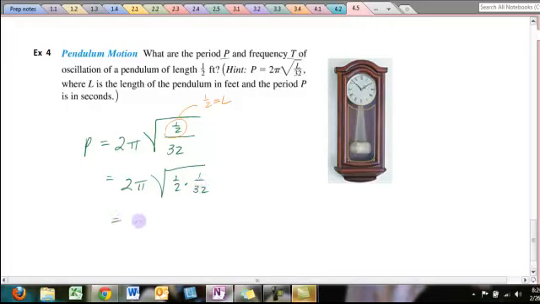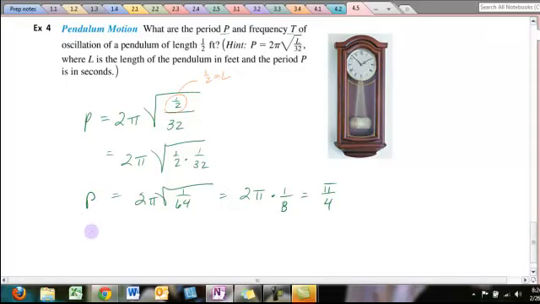See where I'm going here? 1/2 times 1 over 32 is 1 over 64, which gives me 2π times the square root of 1 over 64, which is 1/8. In other words, 2π over 8, and simplifying that we get π over 4. So the period is equal to π over 4.